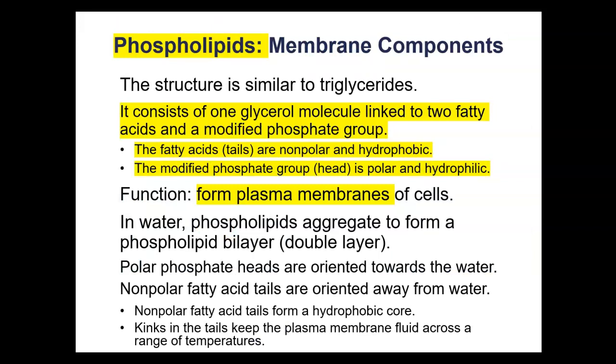Phospholipids are found in the plasma membrane or cell membrane, and consist of one glycerol linked to only 2 fatty acids, and then also a phosphate group attached. The fatty acids are the tails of the phospholipid molecule. They are nonpolar and hydrophobic. That means they do not dissolve in water.